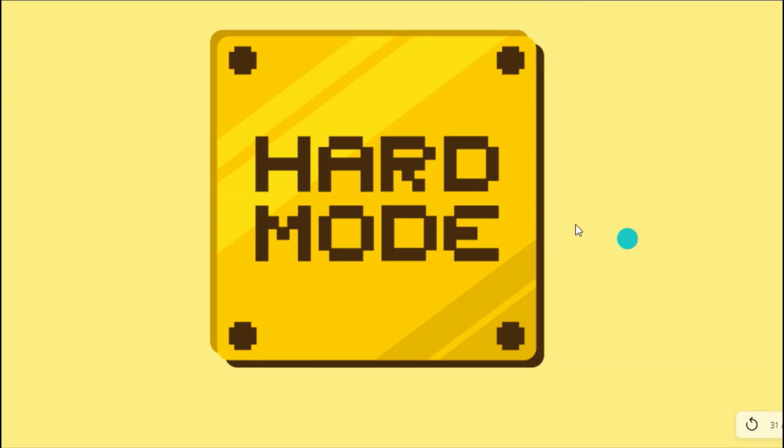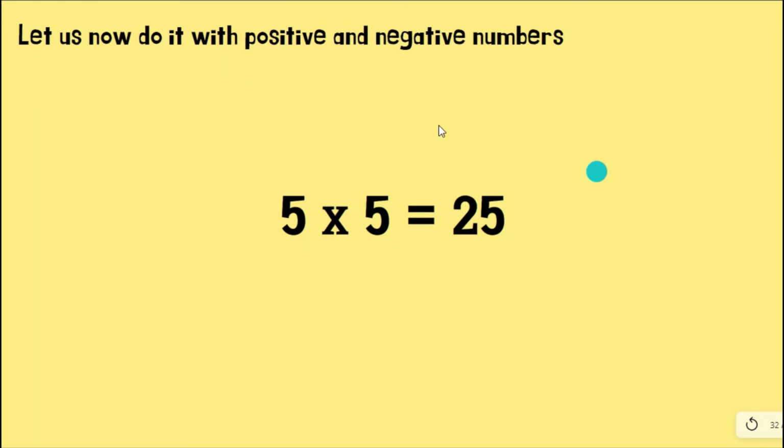Now, let's go to the hard mode of this topic. Brace yourselves. Let us now do it with positive and negative numbers. As you can see in this example, 5 times 5 equals 25.